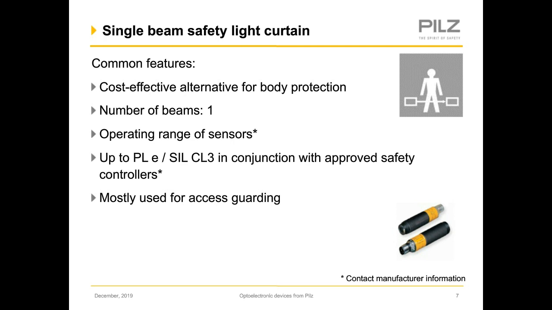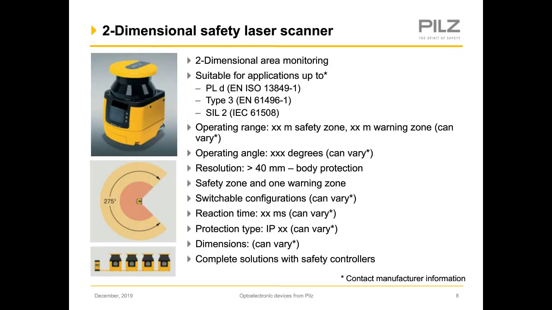When we look at the two-dimensional safety laser scanner, we have two-dimensional area monitoring. It's also suitable for applications up to PL D. It's a type 3 device, and can also reach up to SIL 2. And the operating range, safety zone, warning zone can vary depending on the manufacturer that you choose.